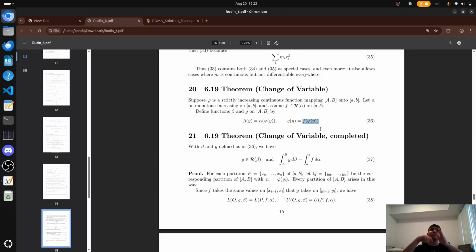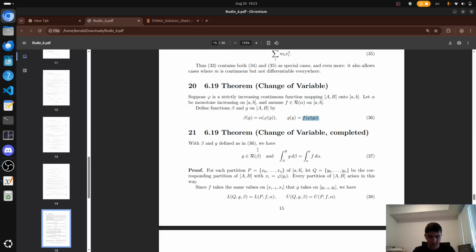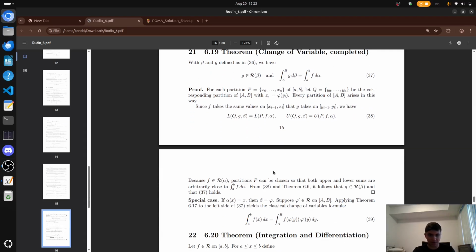So that when you take the function at those x values, it is going to give you the same as those y values. So you can get the same values for these partitions, and basically you're going to get the same lower and upper sums.